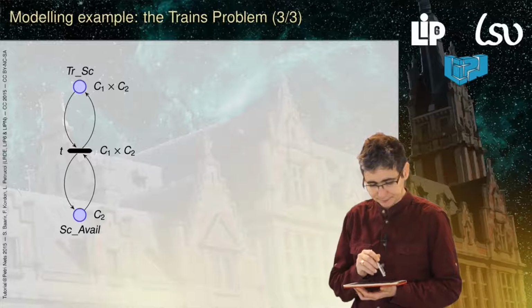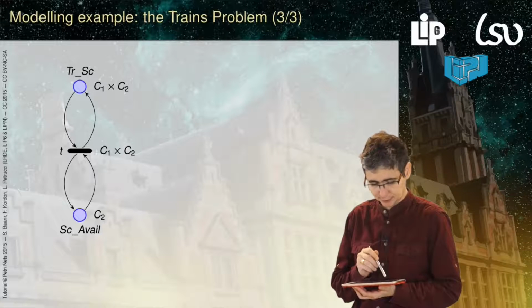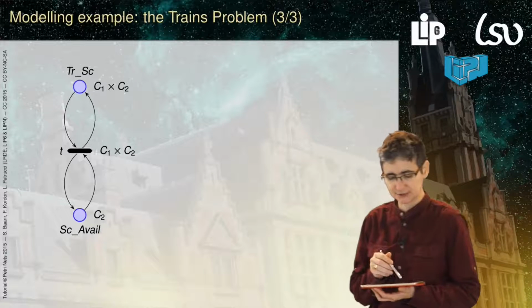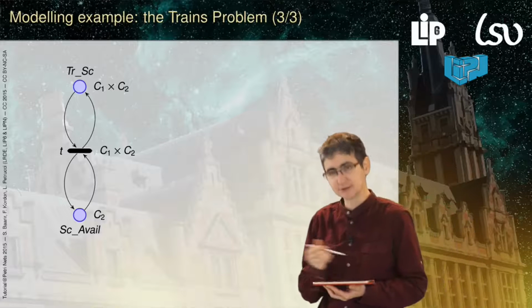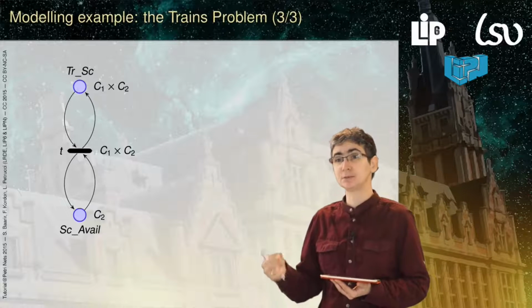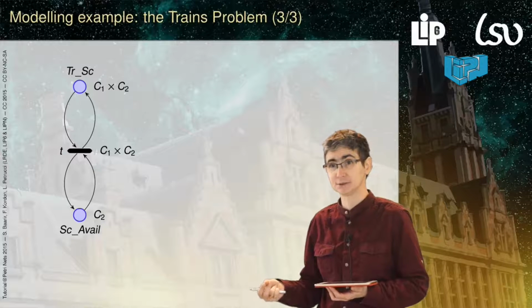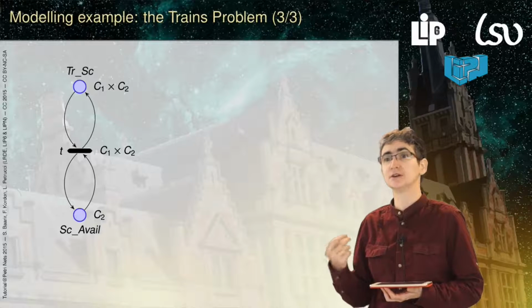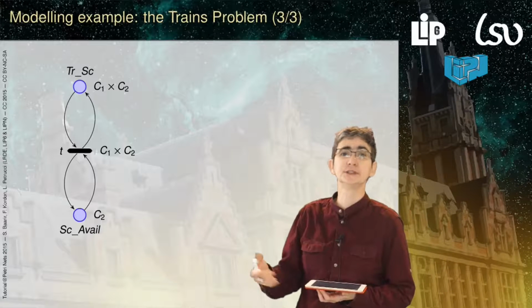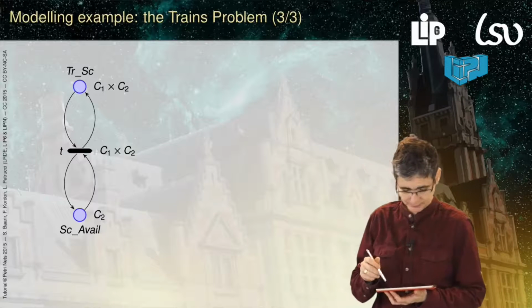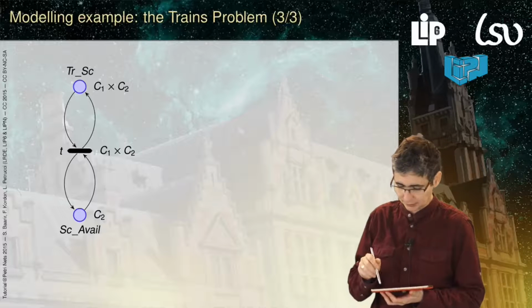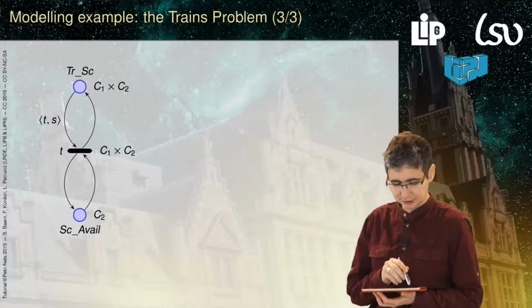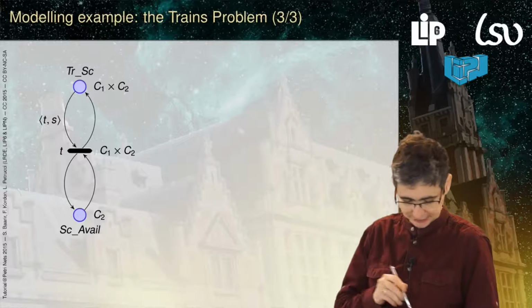For the arcs, you can see that you have arcs going from both places to the transition and back from the transition to each of the places. What will happen is that we have to take a train that is on a section and update the fact that the train will be on the next section afterwards. And we also have to check that the sections are available and free, eventually the next section. So what we'll do when we want to fire this transition, we'll take train T on the section S here.